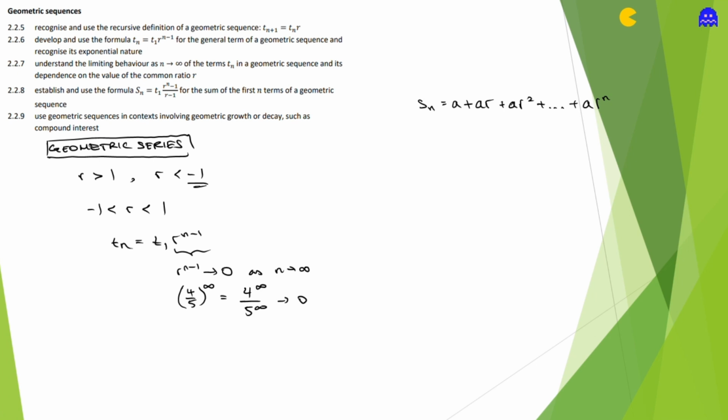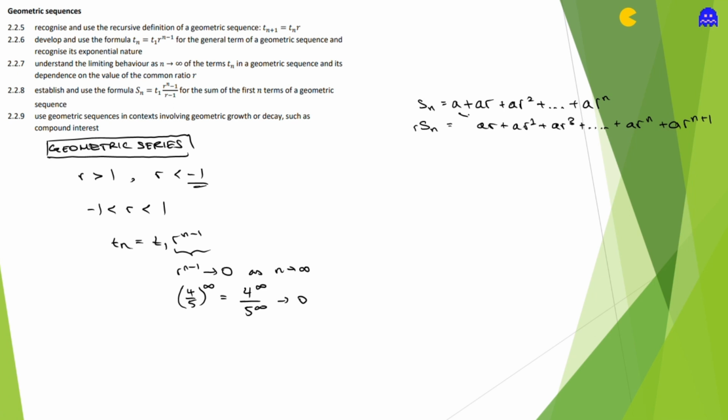And the way that we do this is we multiply our sum by r, giving us ar plus ar squared plus ar cubed plus so on and so forth until ar to the n plus ar to the n plus 1. Okay, and we can see that this is essentially a frame shift 1 unit to the right.